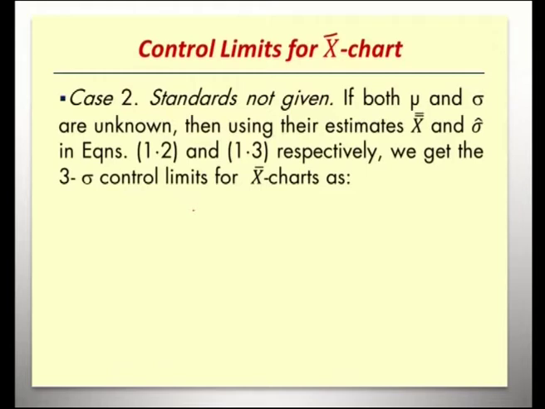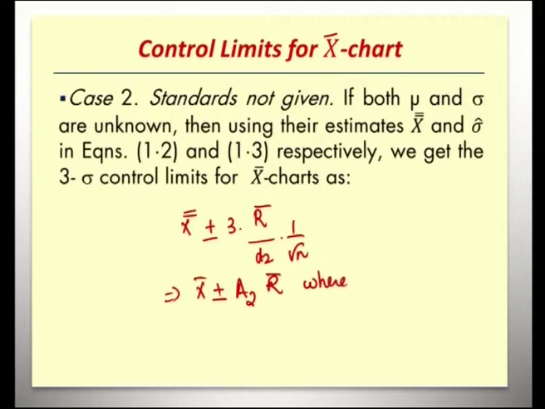That is x bar bar plus or minus 3 into R bar by d2 into 1 by root n, and after careful calculations this becomes x bar bar plus or minus A2 into R bar, where A2 is the constant 3 by d2 into root n.